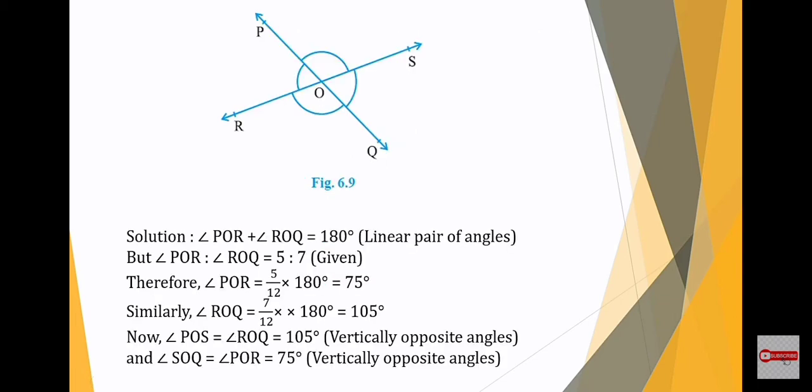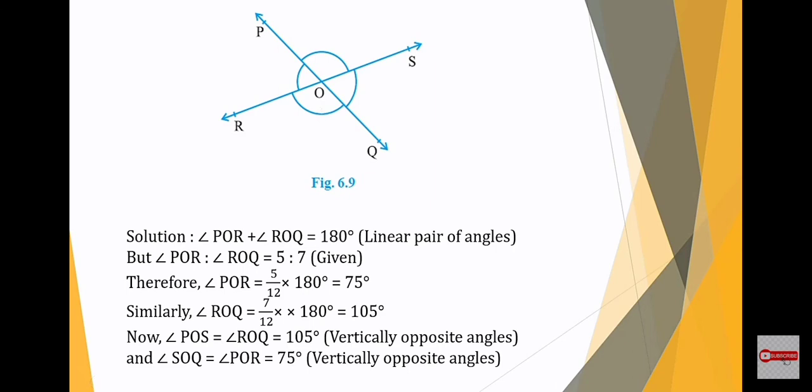So let's see the solution. Clearly angle POR plus angle ROQ is equal to 180 degrees, because they are a linear pair of angles. But the ratio of angle POR to angle ROQ is given as 5:7.